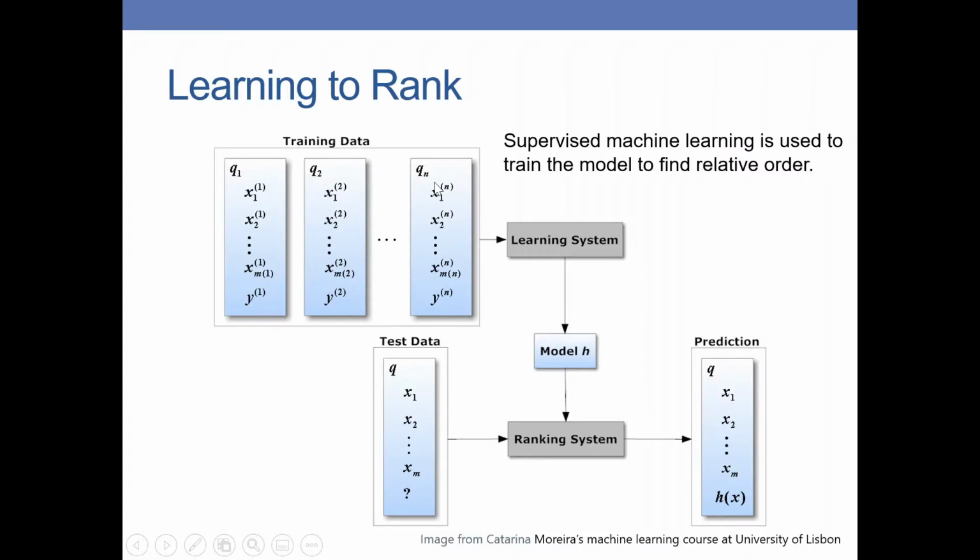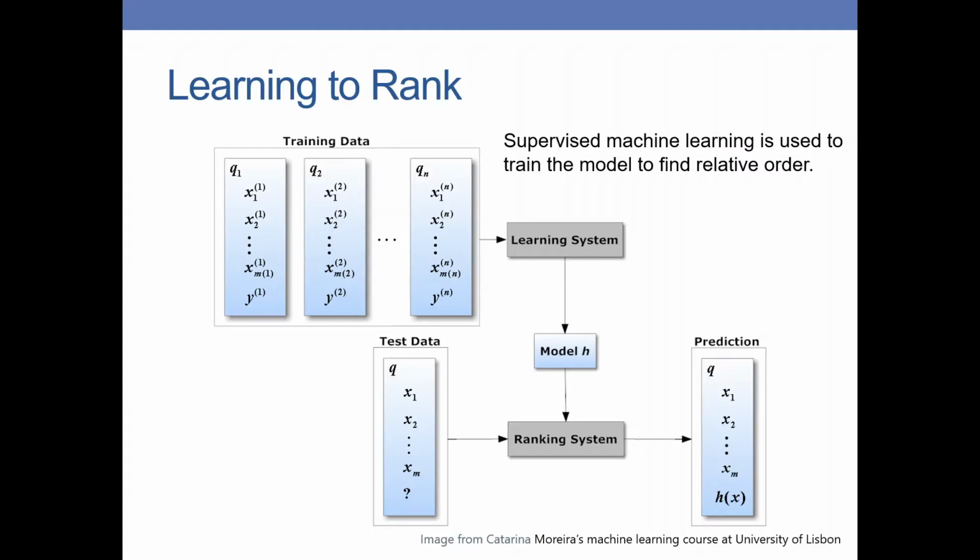Let's say Qi, where i equals 1 to n, corresponds to the set of n queries used in the training data, and x_j, where j equals 1 to m, are the feature vectors of the retrieved m documents for query Qi, and yi here is the corresponding relevance judgment or the ground truth.